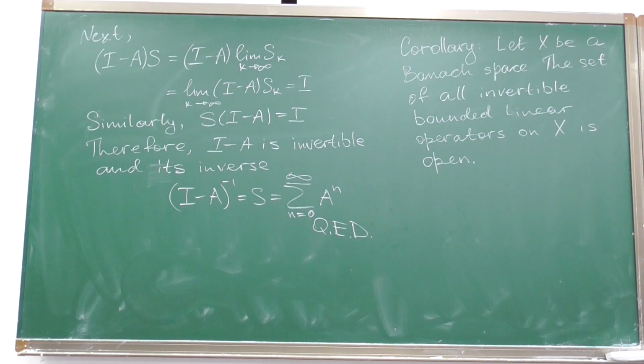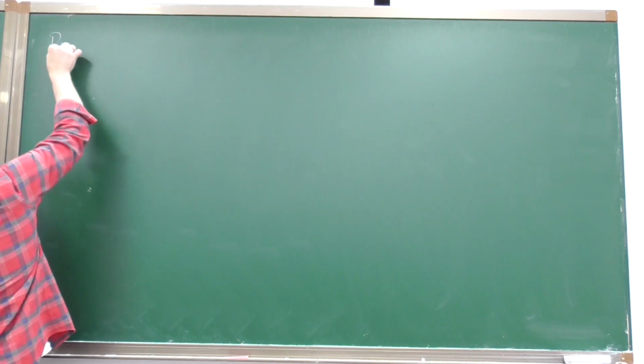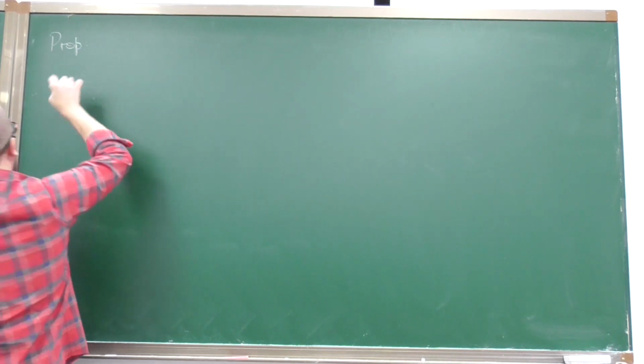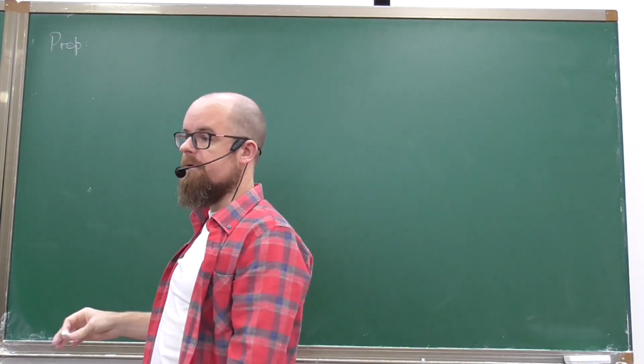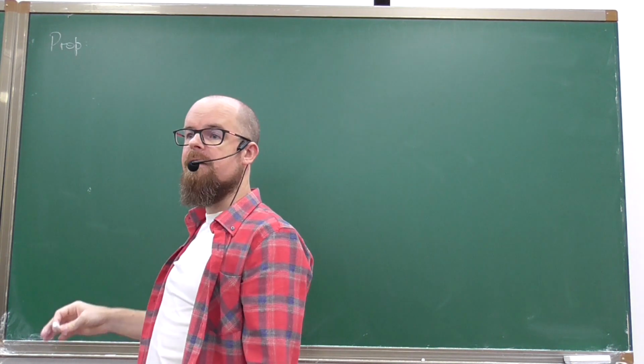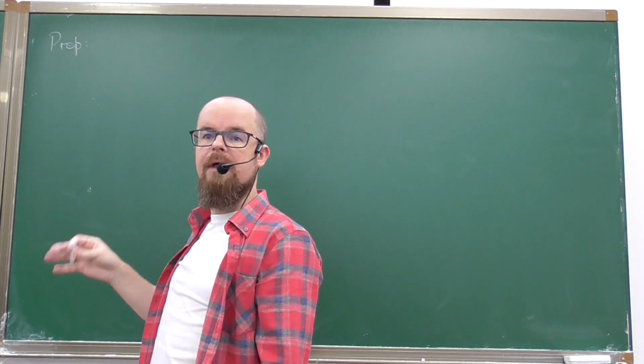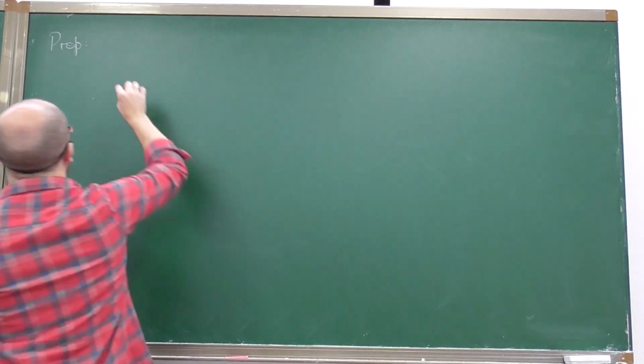Let me state and prove one more simple but useful result about the invertibility of operators. Let X be a Banach space, and let us consider a bounded linear operator A on X which is invertible.